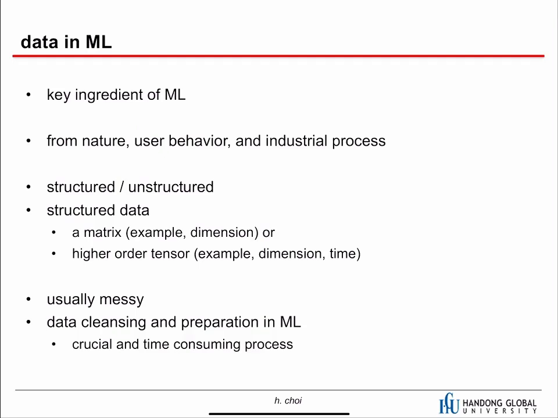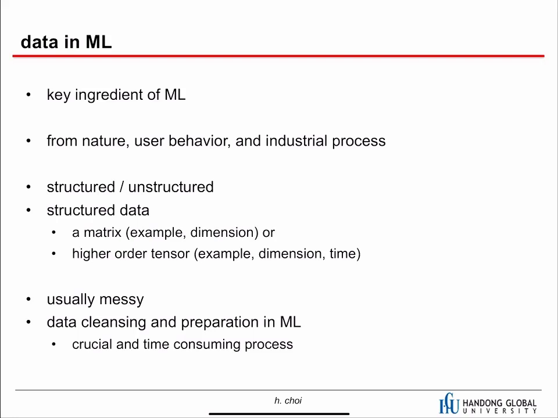Okay, let's talk a little more about data in machine learning. Data is actually the key ingredient of machine learning. As I said, the data can come from nature, user behavior, or industrial processes. So there are so many various sources. It could be structured, it could be unstructured. If it is structured, then you can have this data as a matrix or tensors.